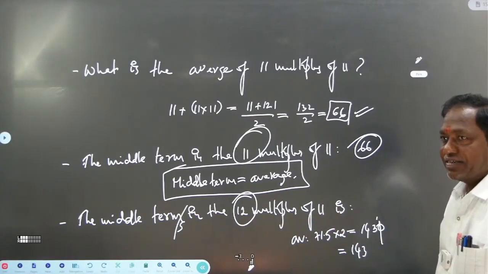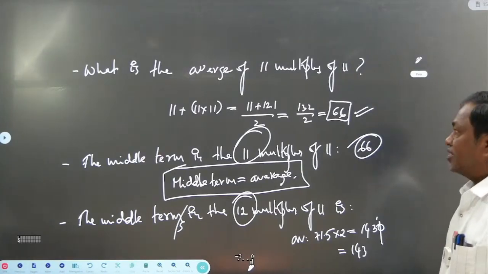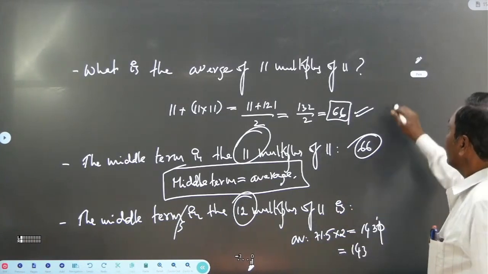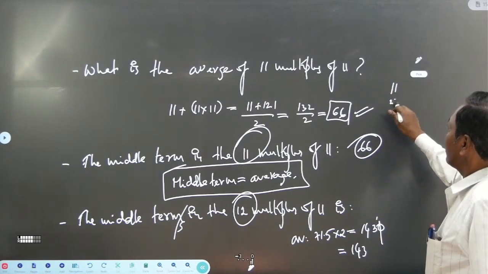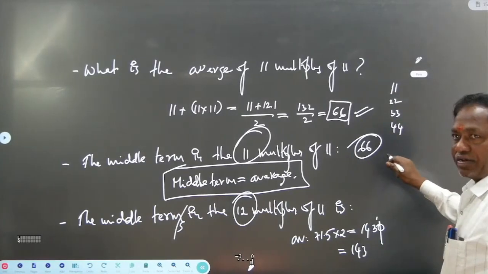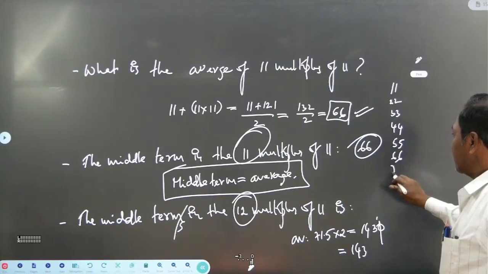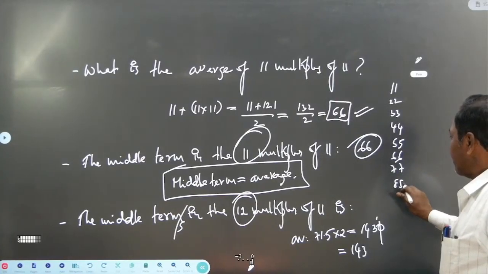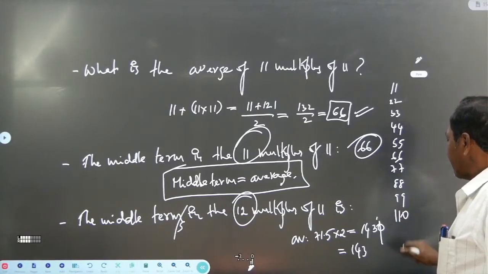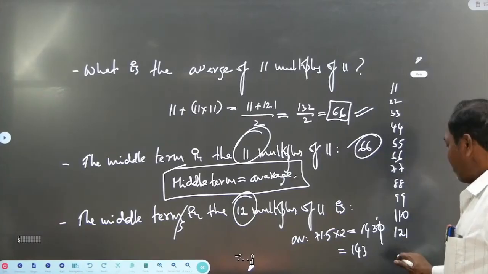Let me write it out: 11, 22, 33, 44, 55, 66, 77, 88, 99, 110, 121, 132.